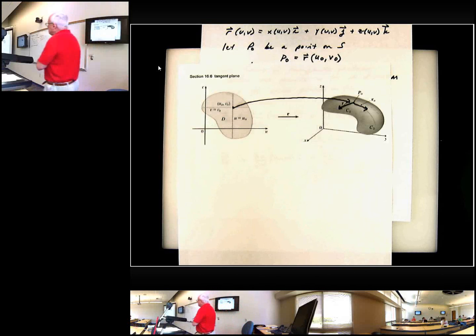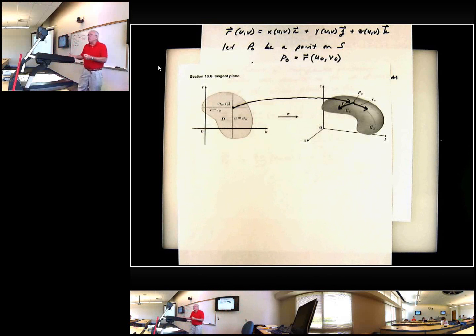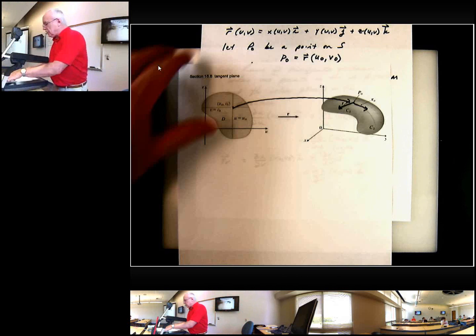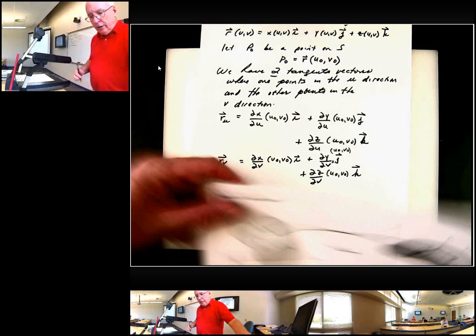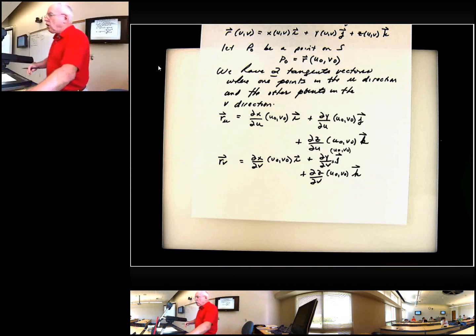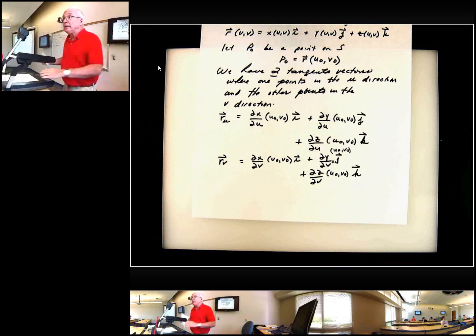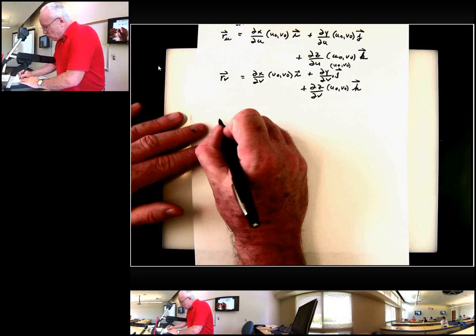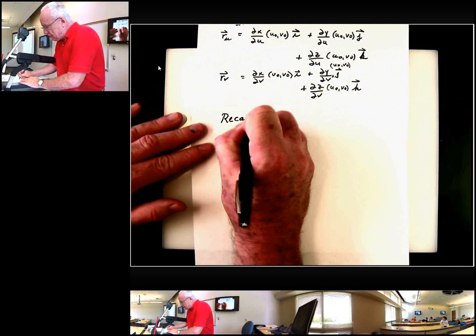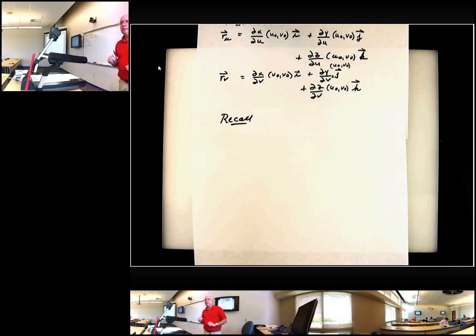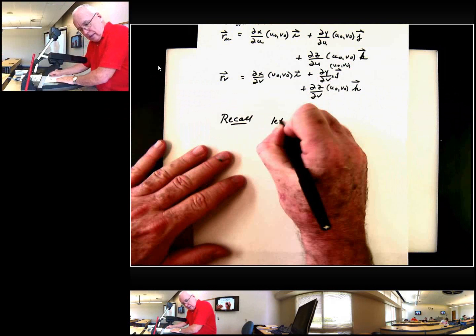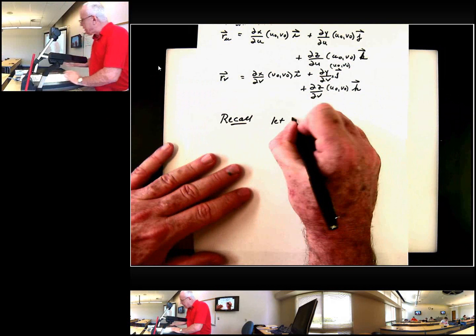So let's remember something. What are we trying to get? We're trying to get the equation of this tangent plane. So let's take a little trip down memory lane and recall something about tangent planes and their equations. Let's call it n arrow.